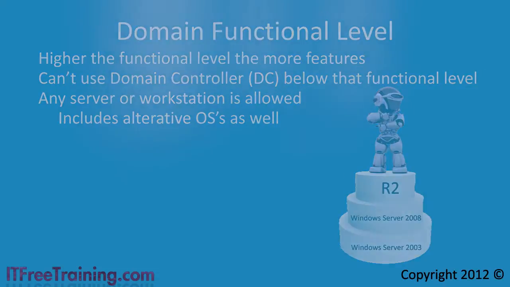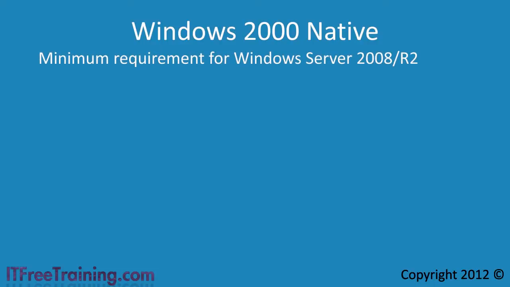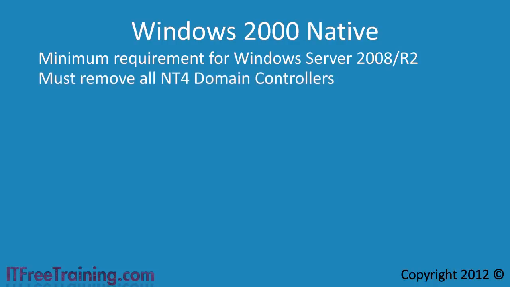The first domain functional level that I want to look at is Windows 2000 Native. Windows 2000 Native is the lowest domain functional level that Windows Server 2008 R2 supports. In order to raise your domain functional level to Windows 2000 Native, you must remove all domain controllers from your network that are running Windows NT 4.